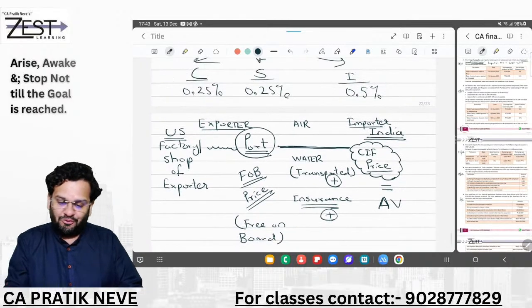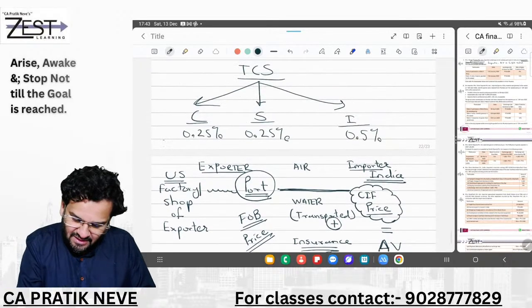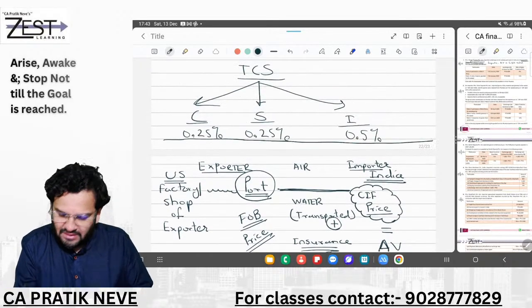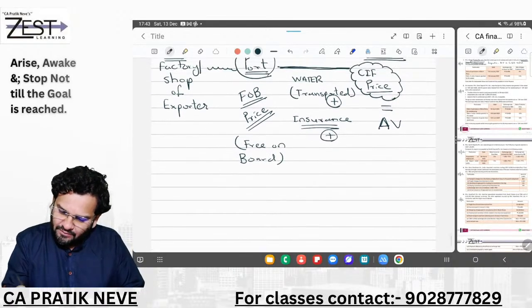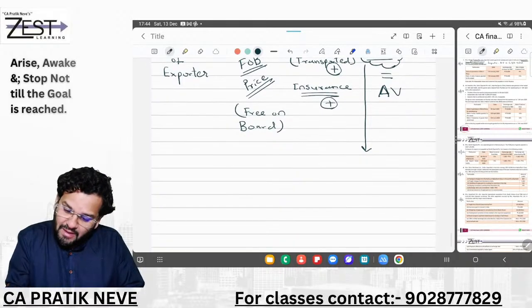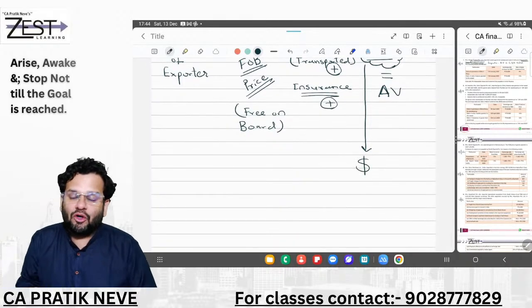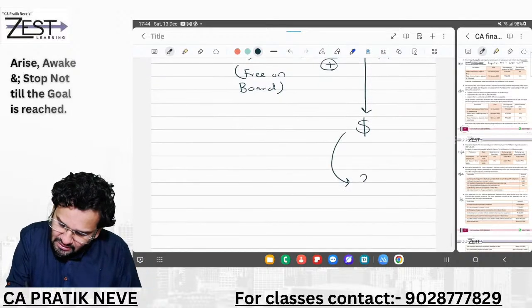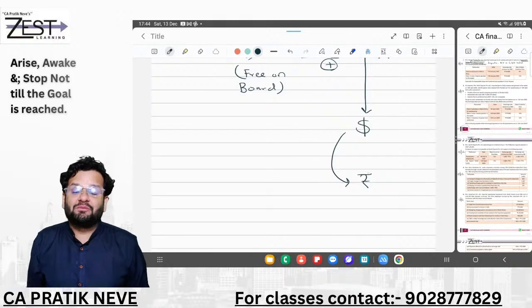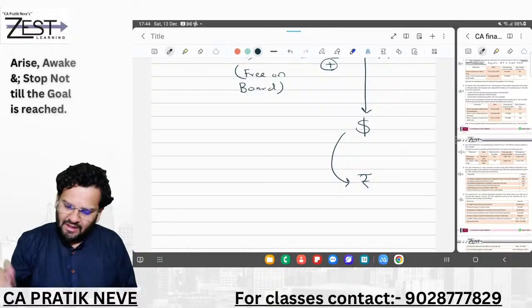I hope all of you remember these basics. Do you all remember that this CIF value may be in foreign currency? Dollars represent foreign currency. You will have to convert this into rupees. Now ask me how to convert this into rupees. Simple.